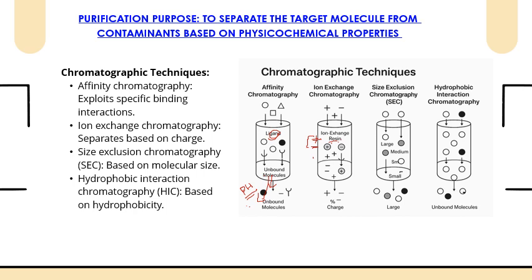For example, if you have a protein with a positive charge, you need to increase or decrease the pH from, for example, 7 to 8 to 9, depending on the molecule itself. Or we can increase the concentration of the salt. For example, from the beginning we could start with 2 molar and then increase to 5 molar and then to 6 molar, depending on what we want to elute.